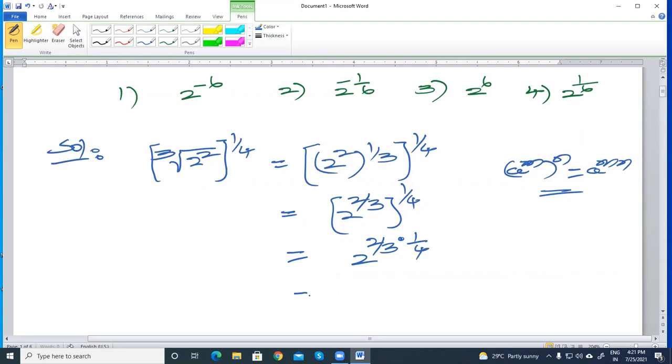So now this is equal to 2 to the power of 2 by 12, which is 2 to the power of 1 by 6. So now our option is 2 power 1 by 6.